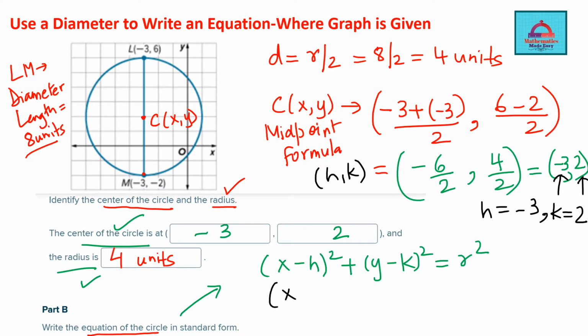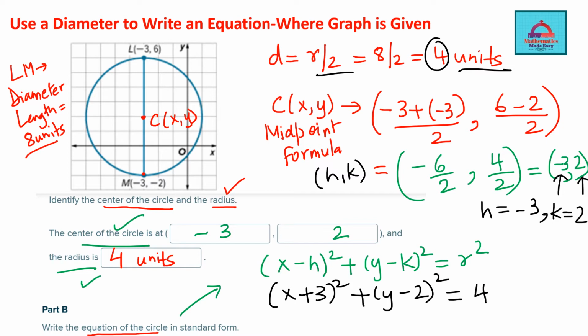So let's plug in x minus H, and H is also negative. So minus and minus will become positive. So this is (x + 3) squared plus (y - 2) squared equal to the radius squared. And radius we know is 4 units. So 4 squared.